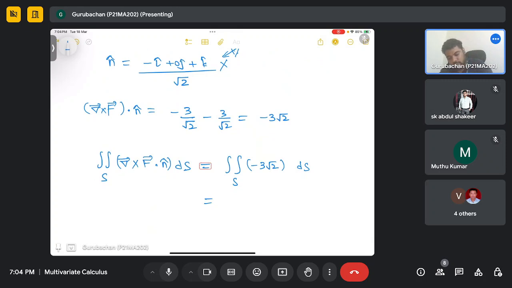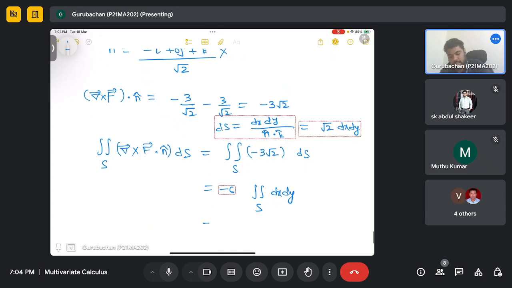dS is, we are considering, dx dy divided by n cap dot k cap. So this will give you under root 2 times dx dy. If you solve it, 3 under root 2 into under root 2 will give you minus 6 times the double integral of dx dy.